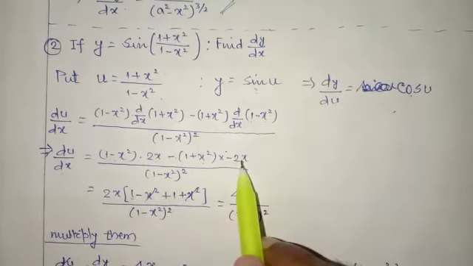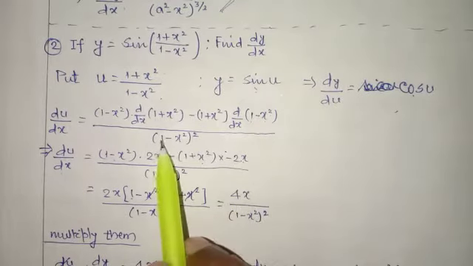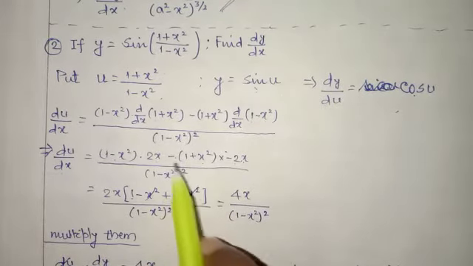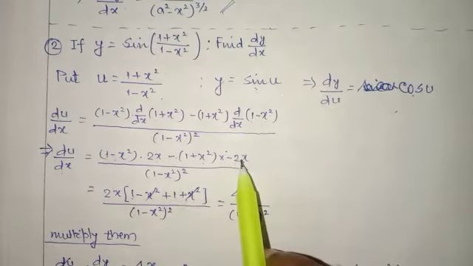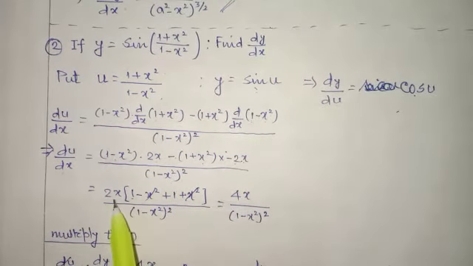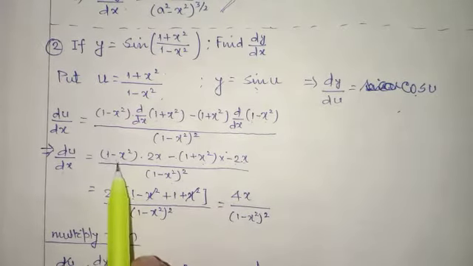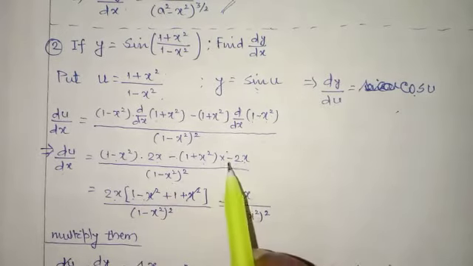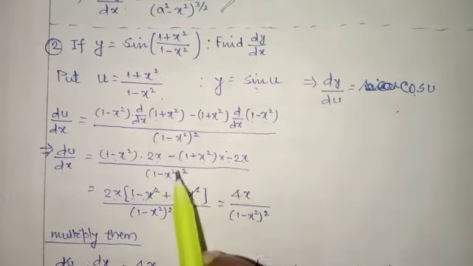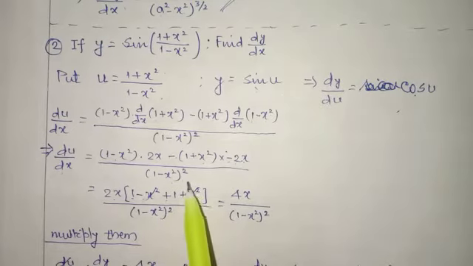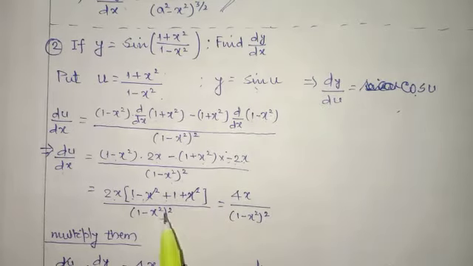Simplify. The denominator remains the same. Simplify, first take 2x as common. Here how much is left? 1 minus x square, and this minus and minus becomes plus 1 plus x square, upon 1 minus x square whole square.